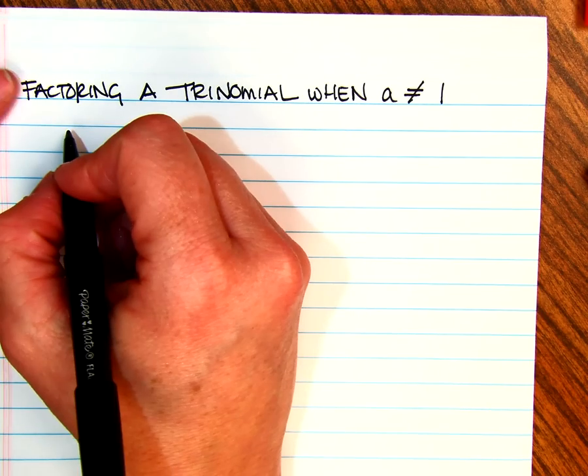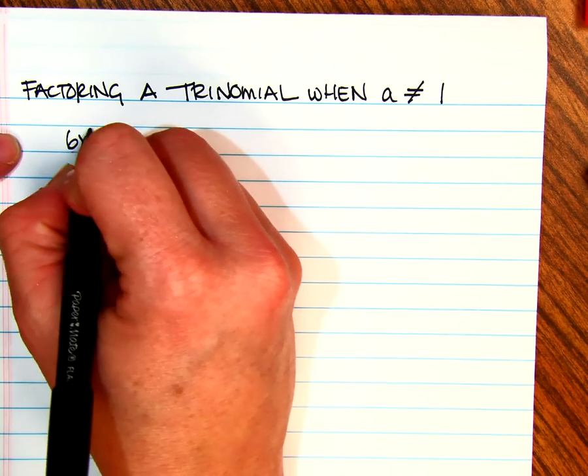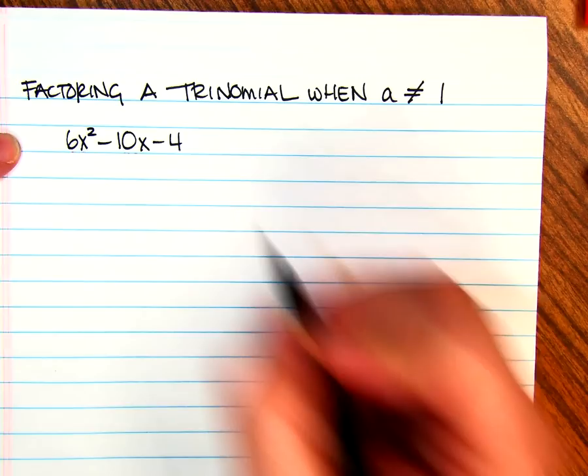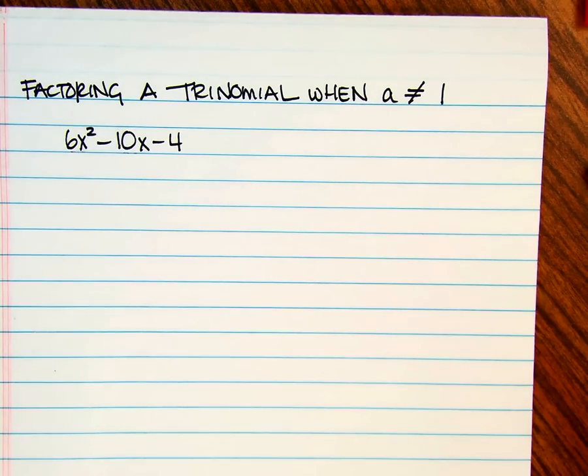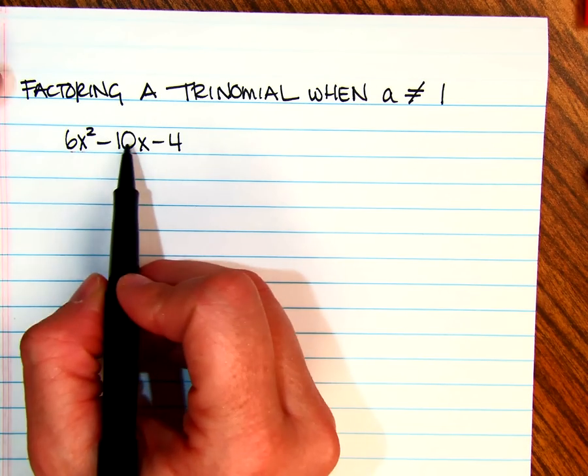So this would be something like 6x squared minus 10x minus 4. The product sum table is still the same. You still want to find the GCF first if there is one. So I'm going to look at 6, 10, and 4.